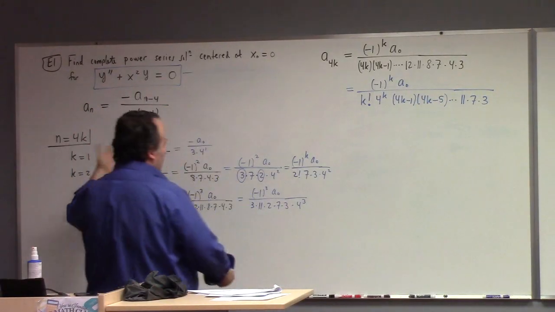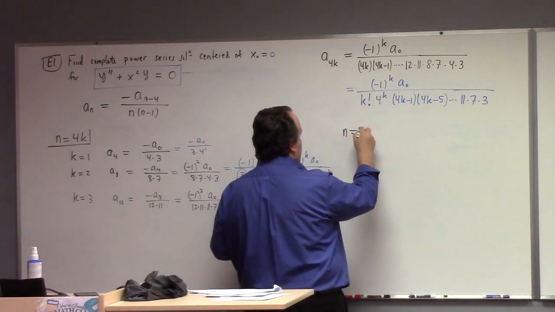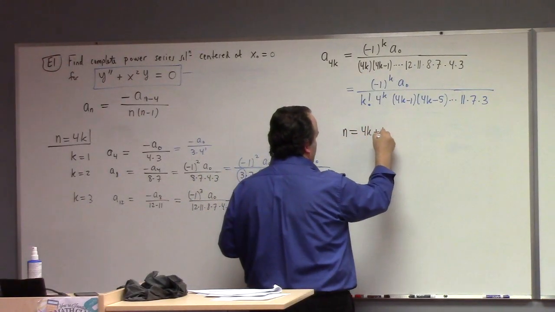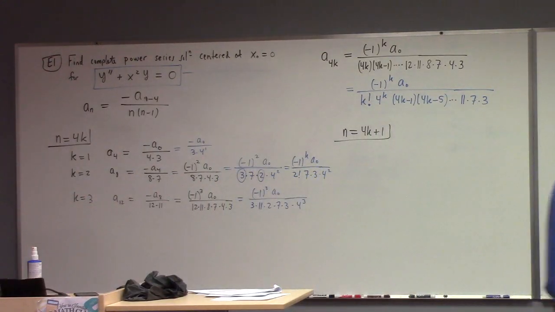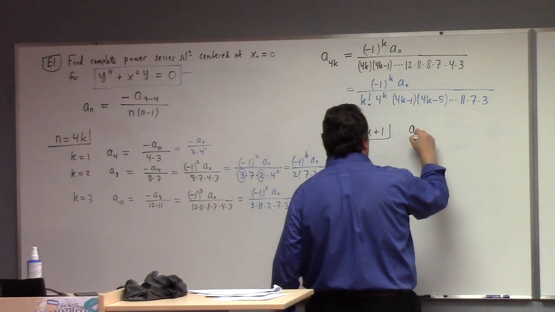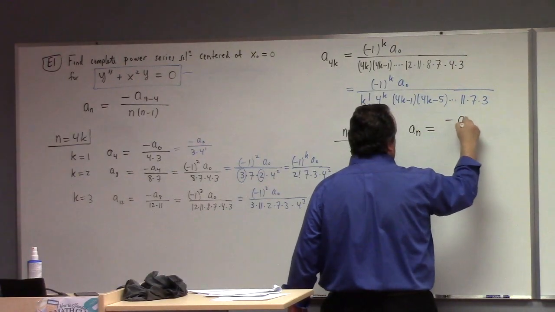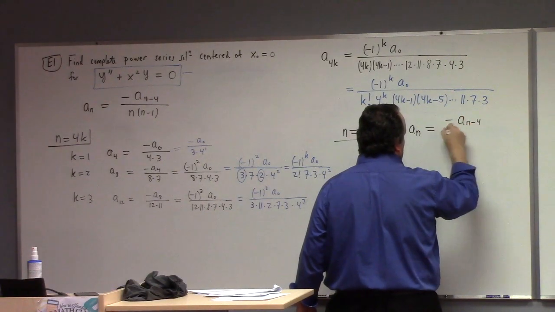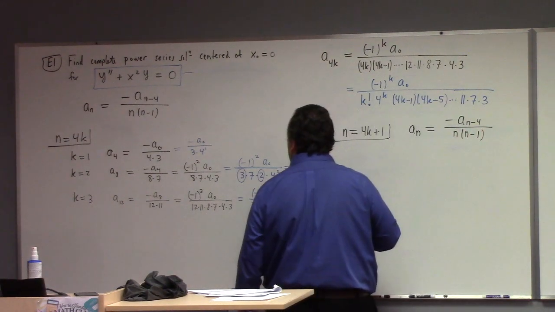So, all right. That's n equals 4k. What's the other one? N equals 4k plus 1, right? How's that work out? So n equals 4k plus 1, we have to, again, consider the recurrence relation a sub n is equal to minus a sub n minus 4 divided by n times n minus 1, right?